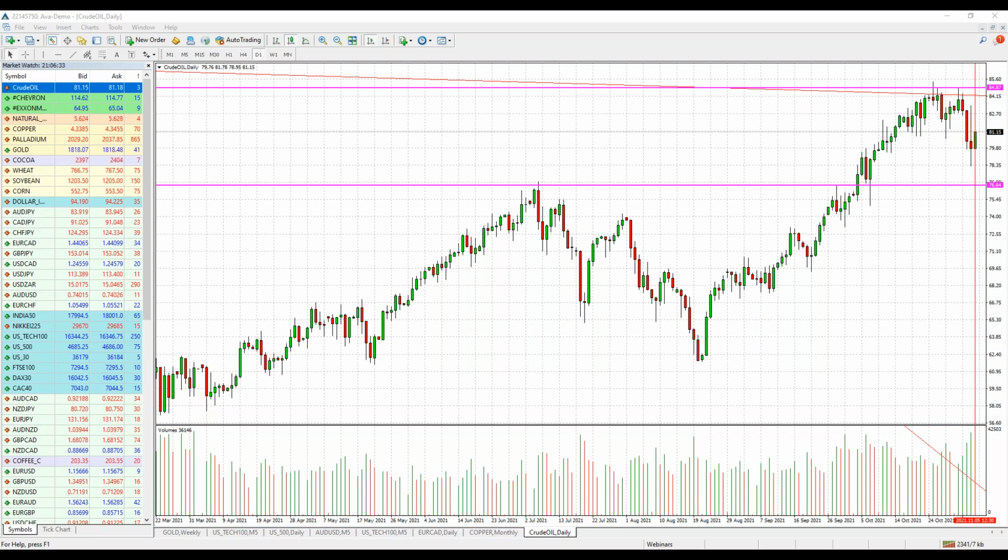On the economic calendar, we have the leading economic index from Japan on Monday. On Tuesday, I don't see anything super major happening.